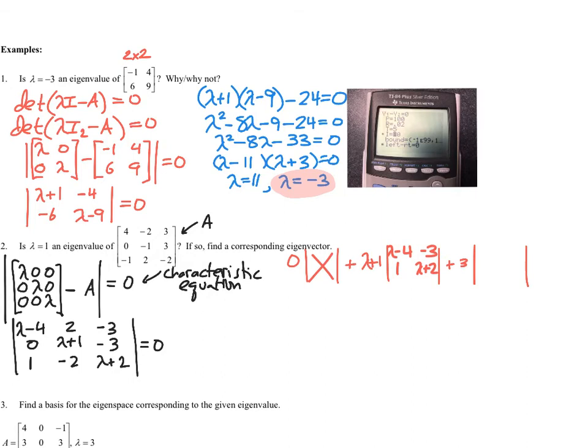All right, if I wipe out the row and column that negative 3 is in, then I'm looking at lambda minus 4, 2, 1, and negative 2. So yeah, at least we got rid of one matrix.